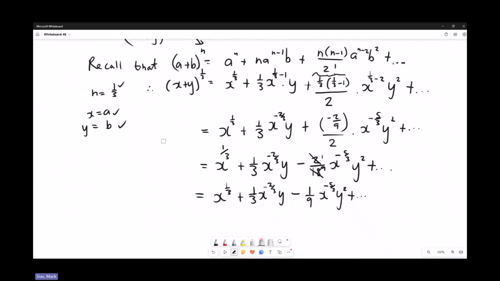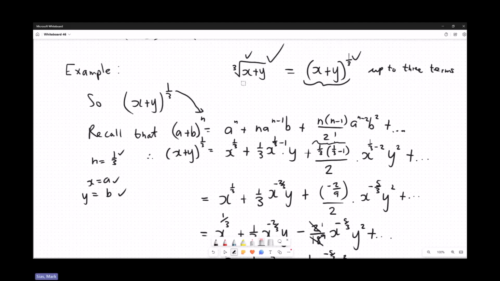So that was the case where we had this kind of question, where they ask you to use the binomial theorem to expand, up to just 3 terms, the cube root of x plus y, which we wrote in exponential form as (x + y)^(1/3).